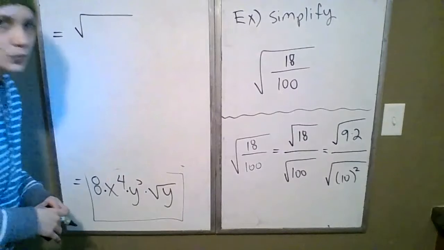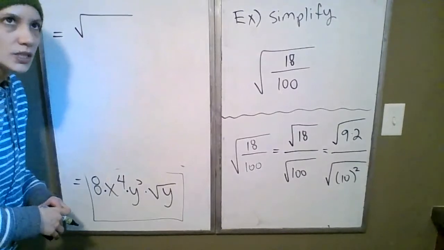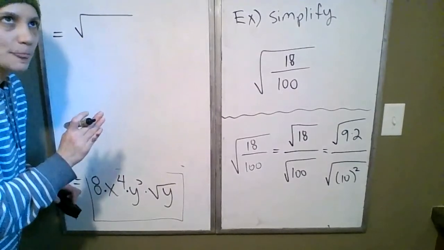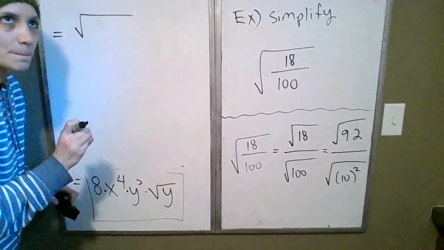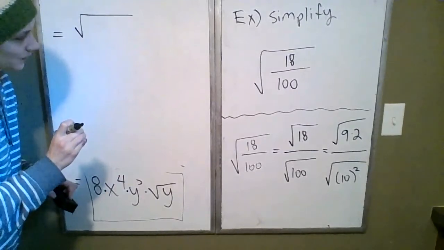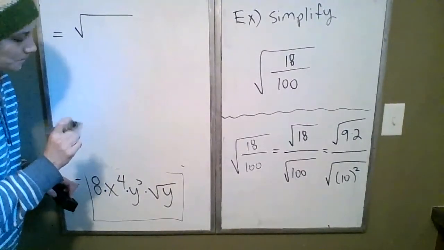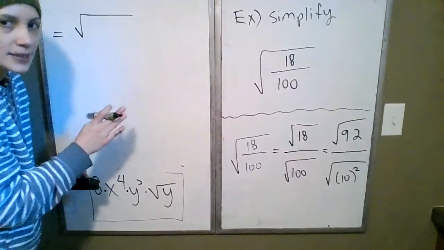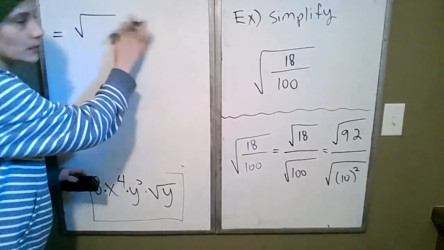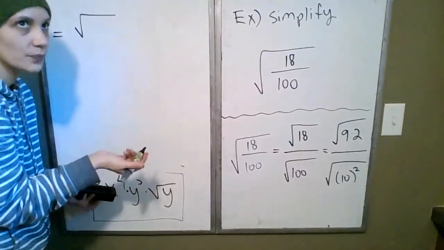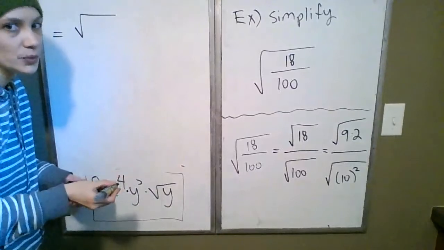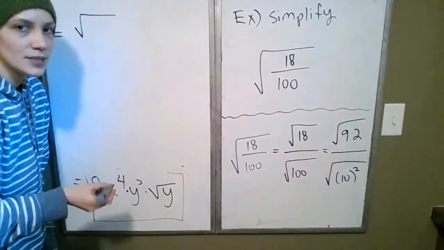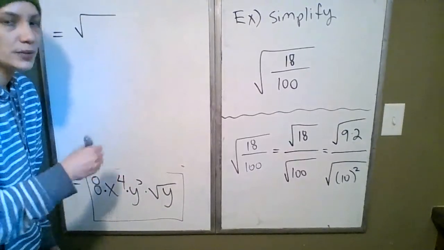Okay, actually, we're going to use a product property. So to really follow the rules, we would want to next take the root of 9, multiply it with the root of 2.